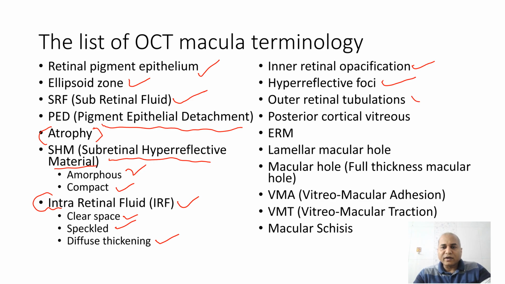Hyperreflective foci, outer retinal tubulations, and posterior cortical vitreous is a normal term which we will see as a distinct layer in a few OCTs. Epiretinal membrane is a pathological condition. Lamellar macular hole is a pathological condition, and full thickness macular hole is also a pathological condition. VMT and VMA, that is vitreomacular traction and vitreomacular adhesion, are again pathological conditions, and so is macular schisis. And all these conditions we will see as we proceed.